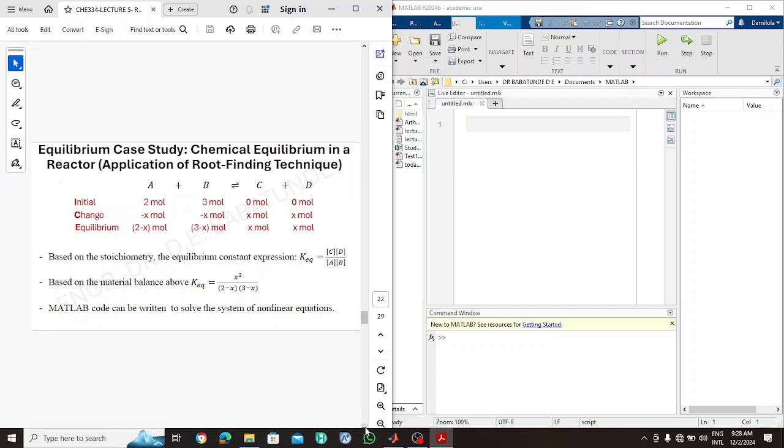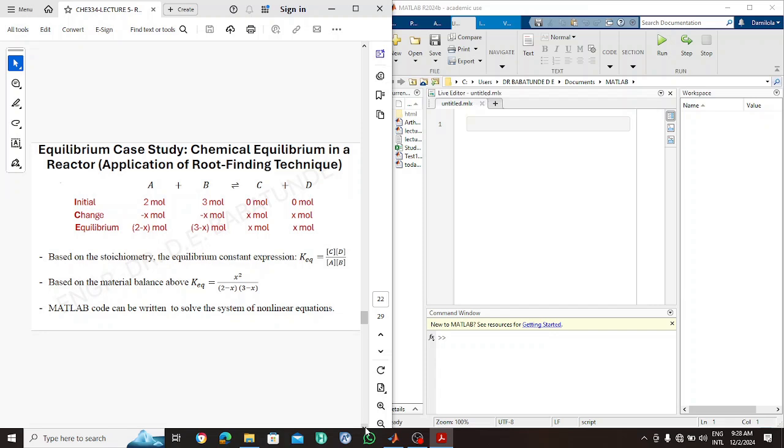Now that you have used your chemical engineering knowledge to set up the necessary equation, what we are now doing, which is the focus of this class, is to use MATLAB to solve this non-linear equation. But I had to give you that chemical engineering background so you could follow through.